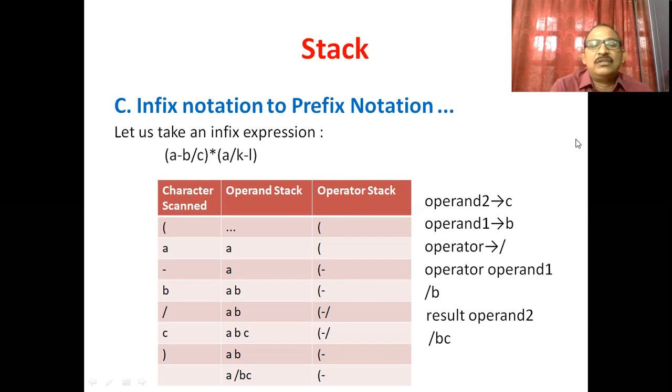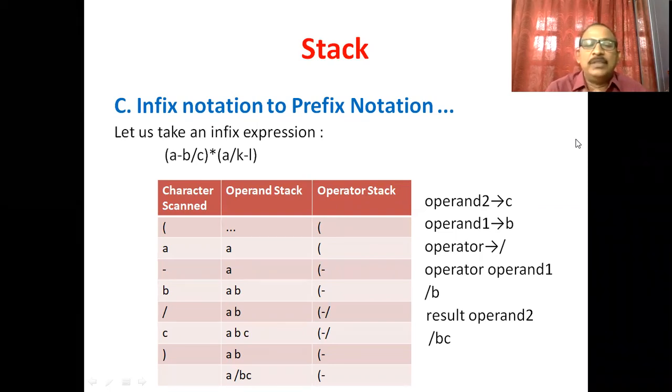Right parenthesis is encountered. What will we do in this case? We pop the 2 elements from the operand stack and 1 element from the operator stack, and perform the operation. So operand 2 is C, operand 1 is B; the first popped element is C, the next popped element is B. The operator popped from the operator stack is the forward slash. Next step is operator followed by operand 1, forward slash B, then the result followed by operand 2.